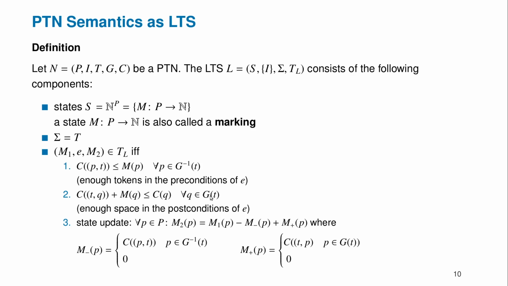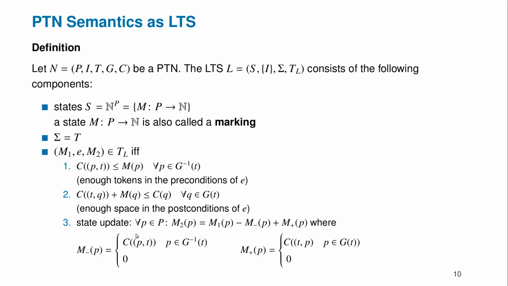So for all postconditions Q, the current number of tokens plus the number of produced tokens, which is the capacity of the edge that goes from T to Q, has to be smaller than or equal to the capacity of Q. So there has to be enough space in the place Q. This means there is enough space in the postconditions of T, and then we do a state update.